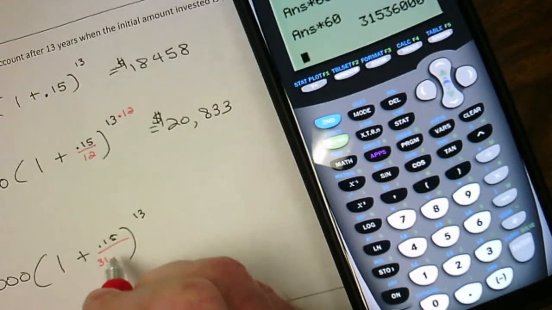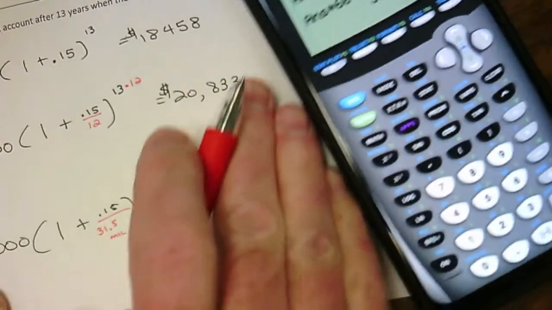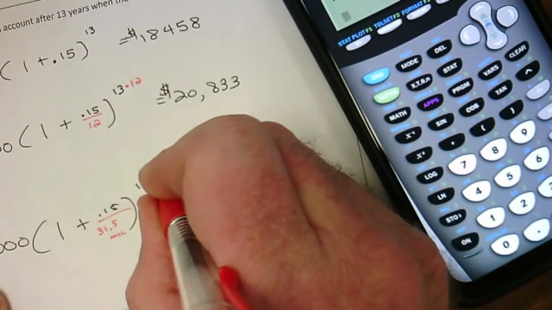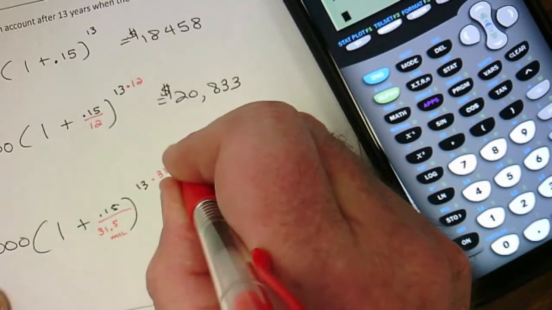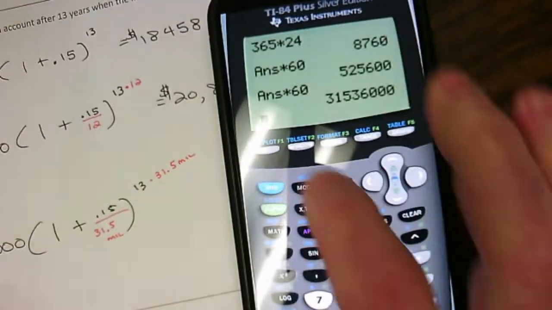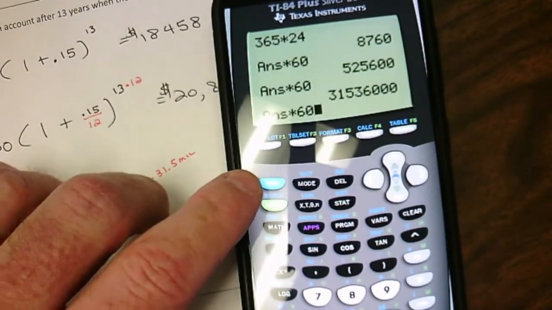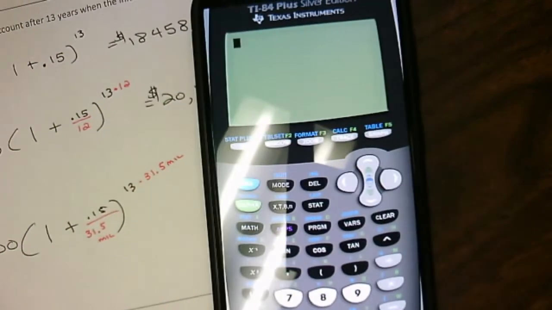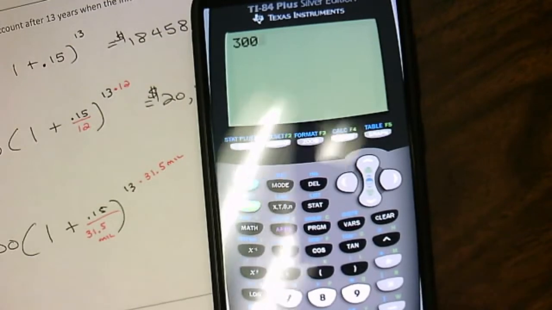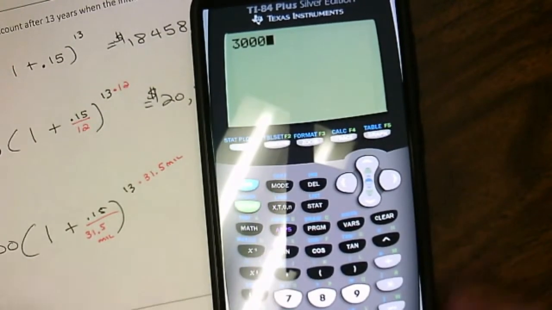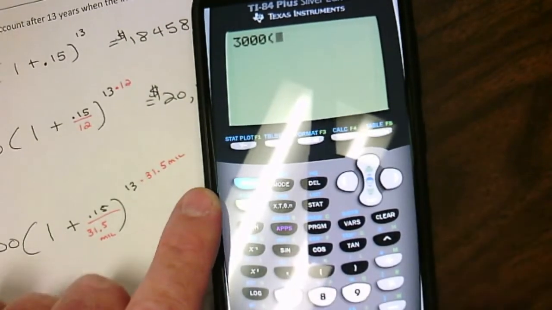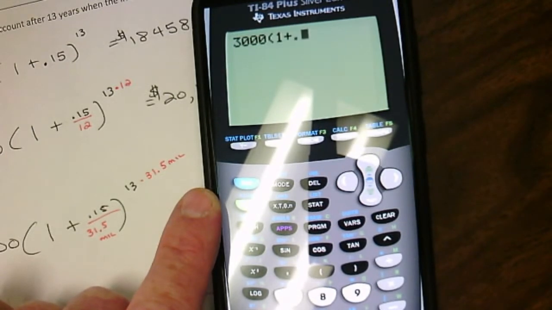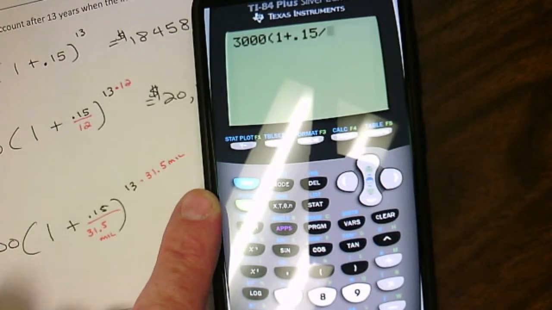I'll type it into my calculator correctly, but I'm just going to write it out as about 31.5 million. Again, I'll type this in correctly though. All right. So here we go. 3,000 times 1 plus 15% divided among, oh, I forgot that number.